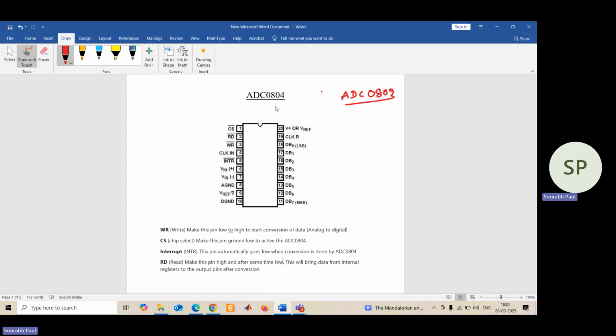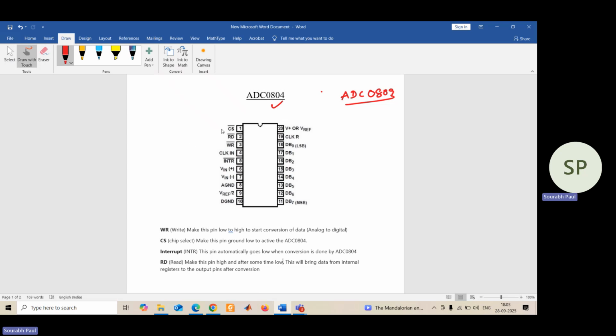Other than that, this configuration is also used in many cases. In ADC 0809 there were some different pin functions. In ADC 0804, some pins are somewhat different than ADC 0809. In total, 20 pins are available in the ADC 0804 IC.